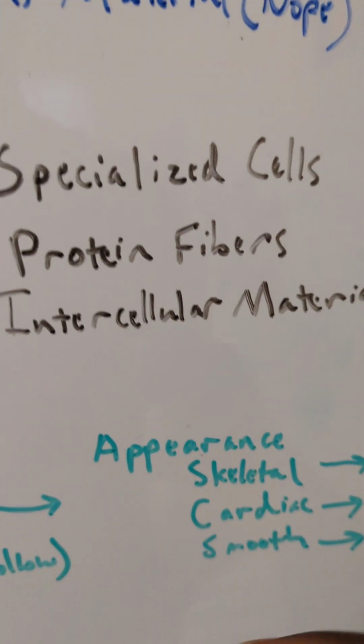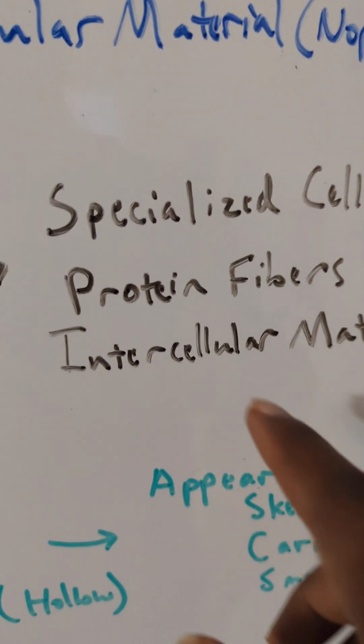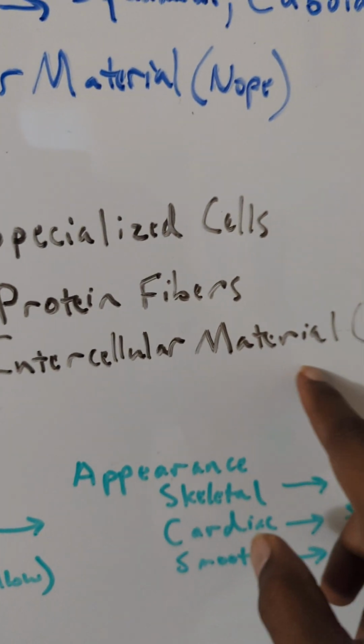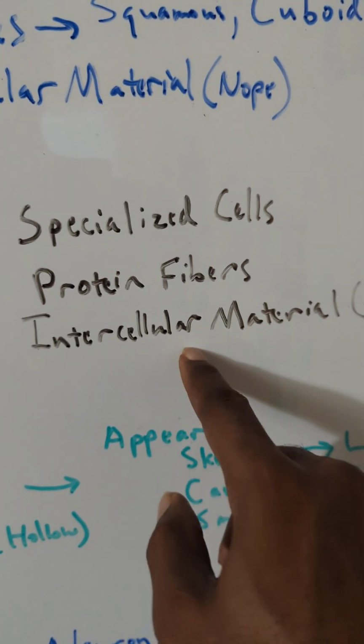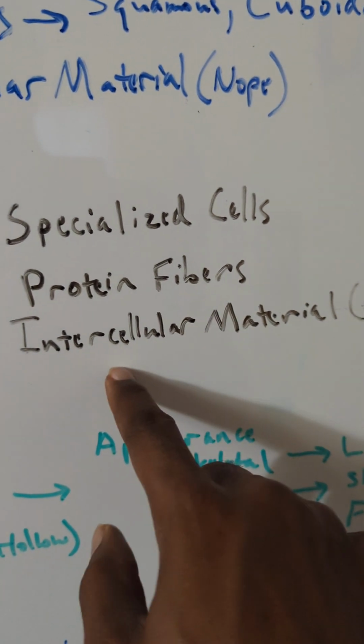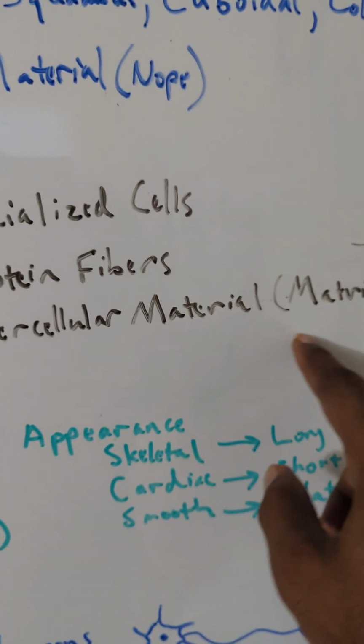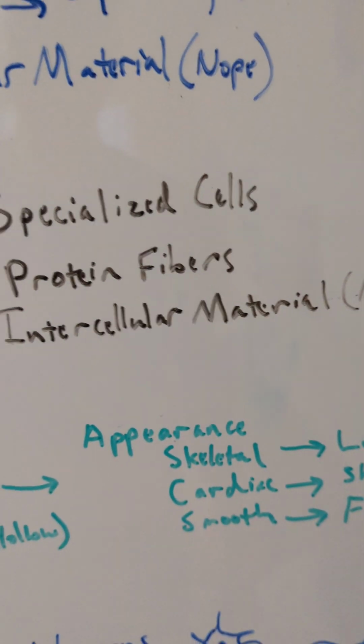It's there for strength. Also, intercellular material, also referred to as matrix. Intercellular, in between cells. So intercellular material in between the cells, also referred to as intercellular matrix.